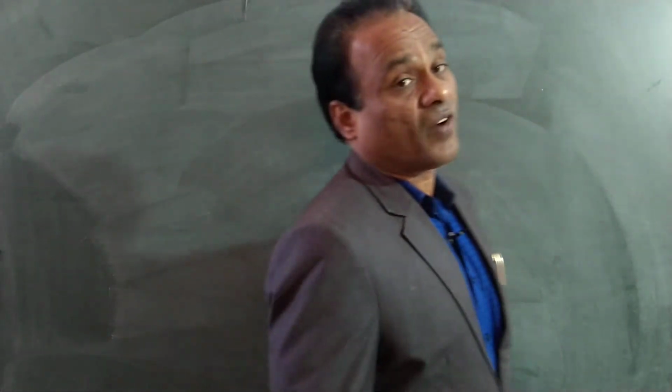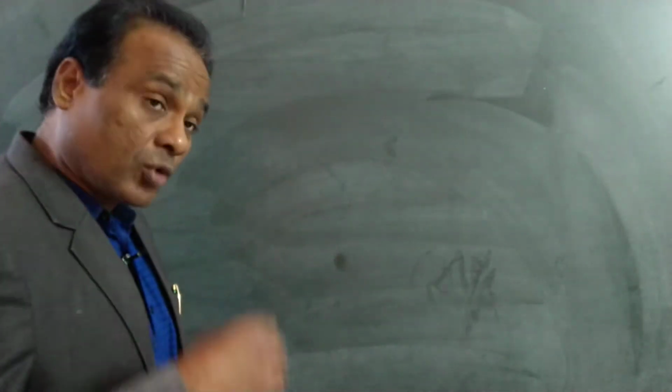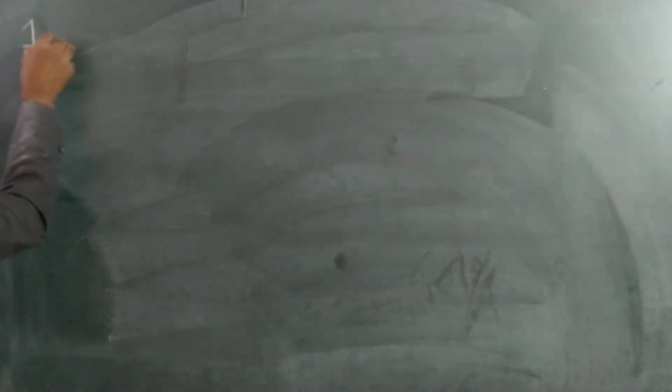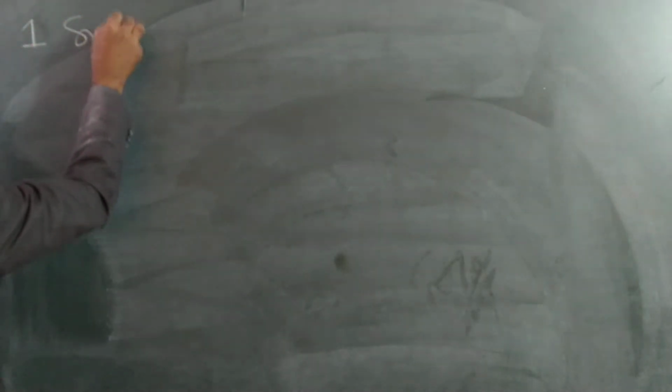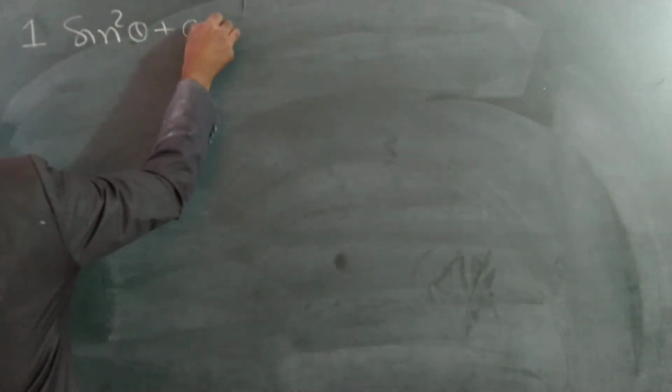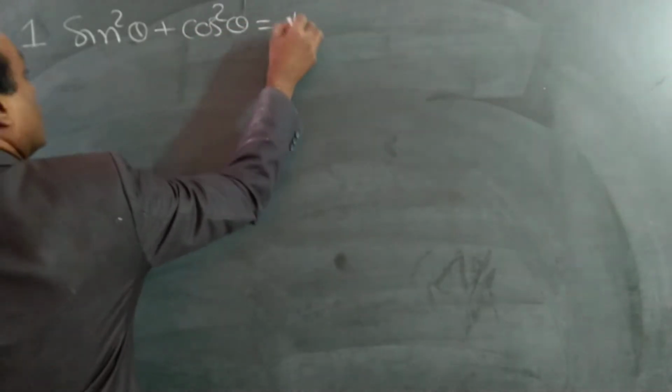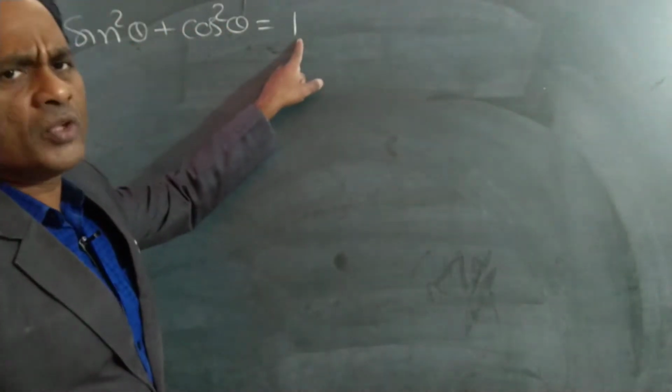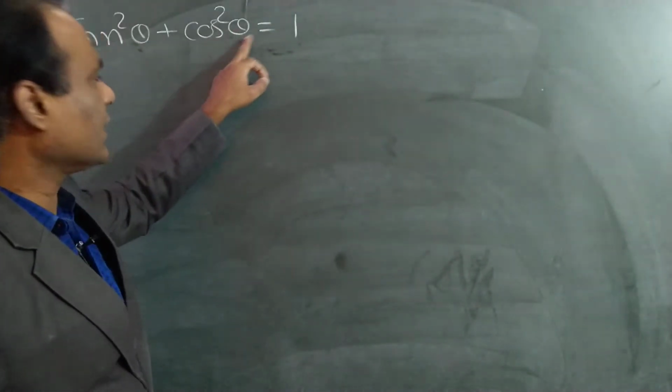Now let us write the identities. I am going to prove them too. The first formula is sin square theta plus cos square theta is equal to 1. For any value of theta, this is true. Suppose theta is equal to 1 degree, it will be 1.